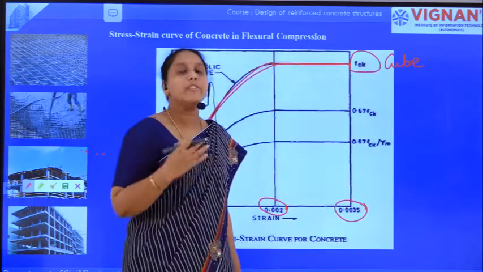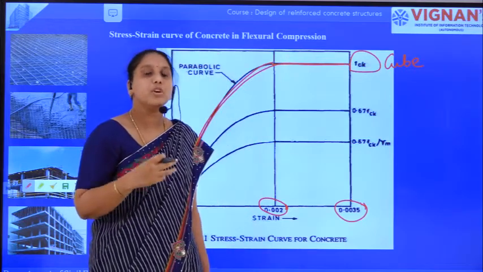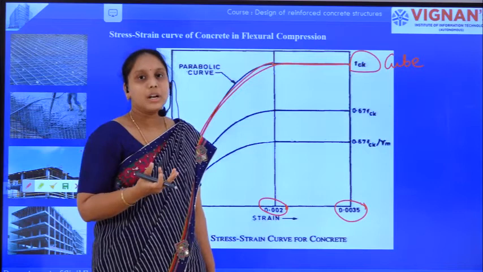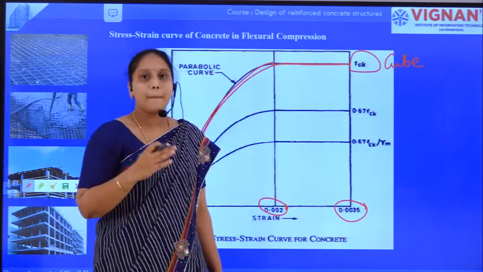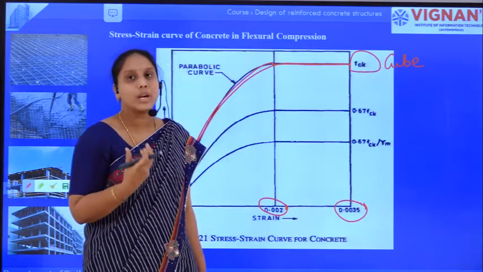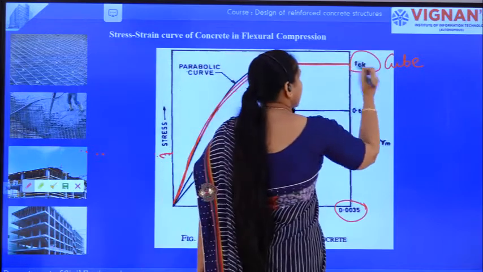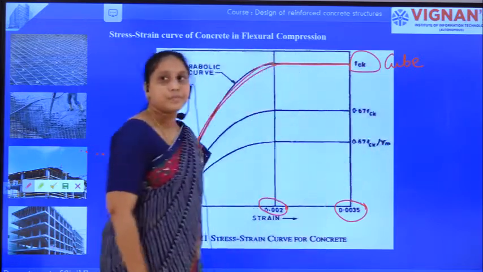If you take 150 by 150 by 150 mm cubes, cast them, and test those cubes under pure compressive force, you get the characteristic compressive strength, which is nothing but fck. So this is the cube strength.